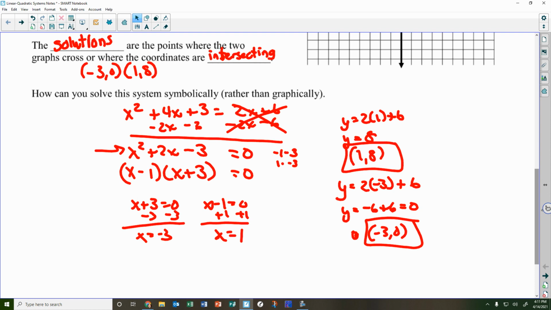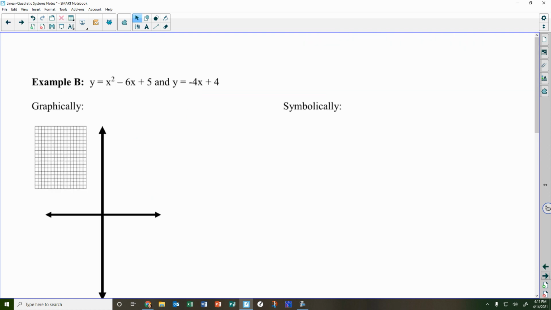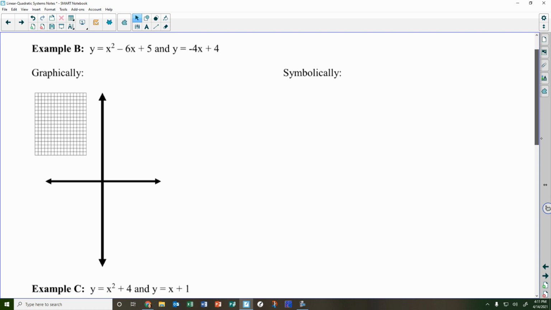Okay, so for the back, we're going to do kind of the same thing with them. Again, you can see my graph here is pretty bad, so we're going to try to figure this out without the graph. If I can do this with some coordinates, I can pick out just some basic ones. Well, I know that this trinomial can factor into x minus 5 and x minus 1, which means my x's are going to be 5 and 1 on the graph.